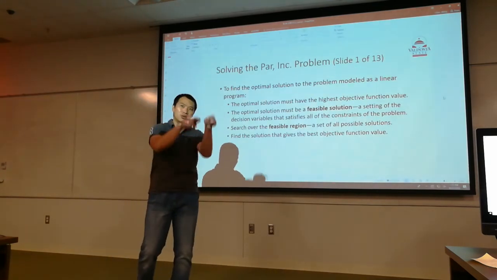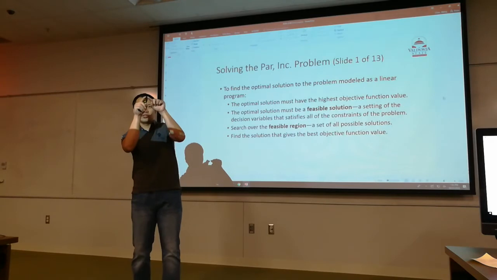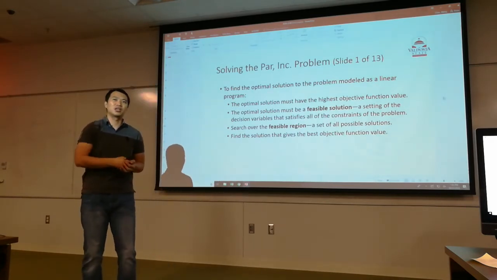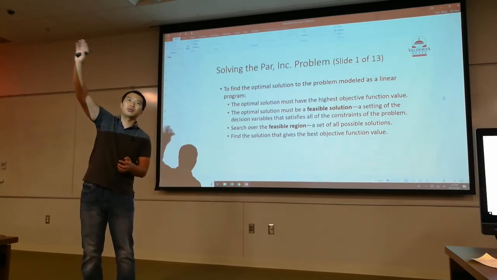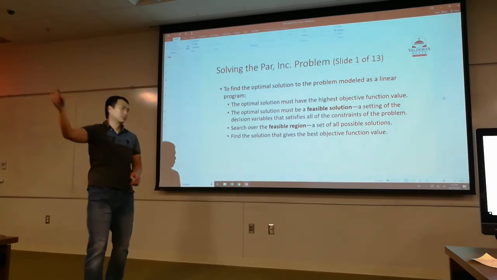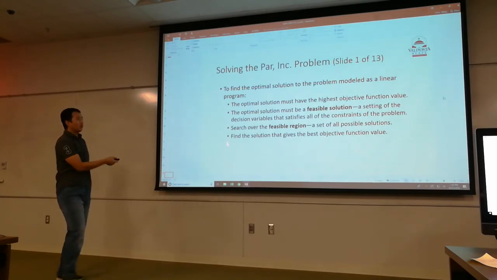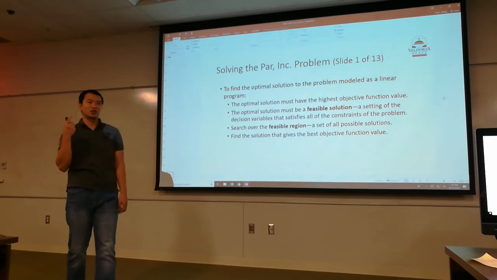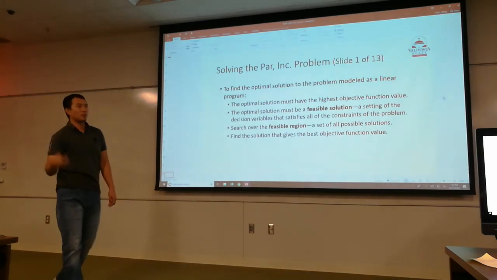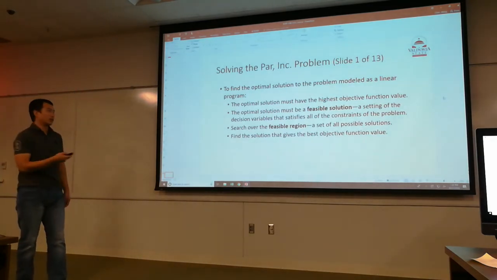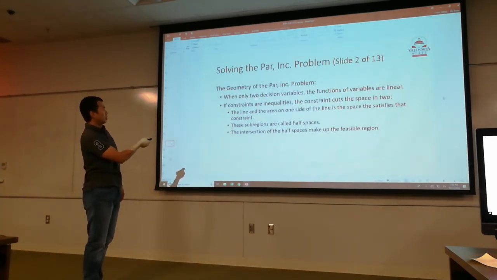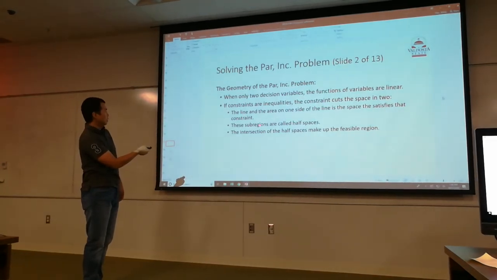When we search, we have to define which region contains the feasible solutions. Infeasible regions we don't have to consider. Then we find the solution that gives the maximum objective function value, or, in the case of minimizing, the smallest one.